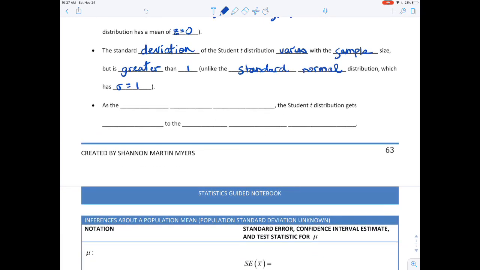All right, so as the sample size increases, the student t distribution gets closer to the standard normal distribution.